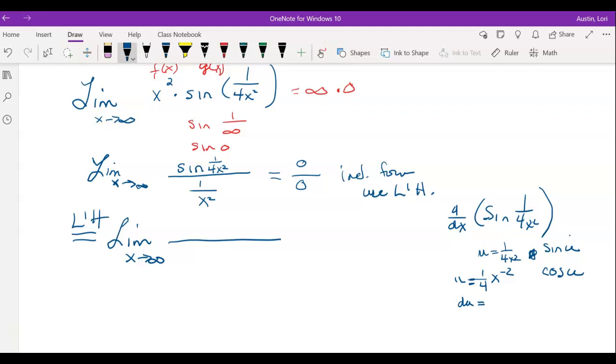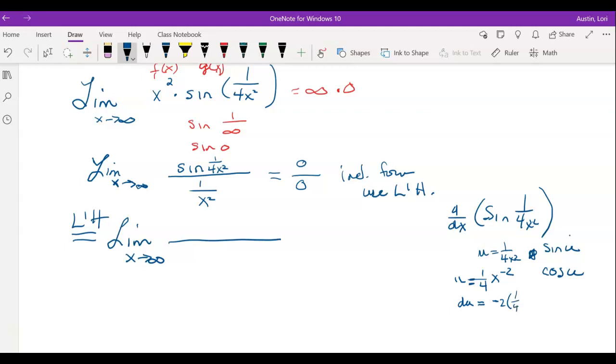So what's the derivative? Is it going to be negative 2 out front, right?